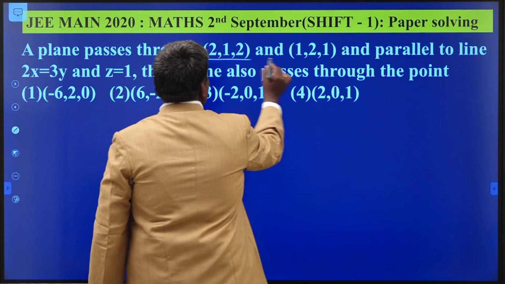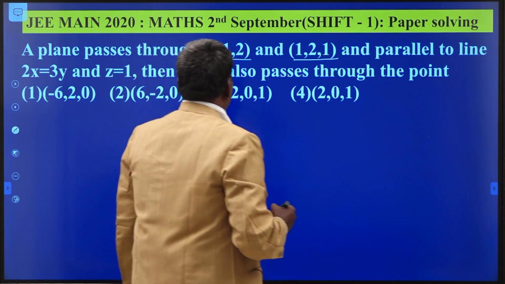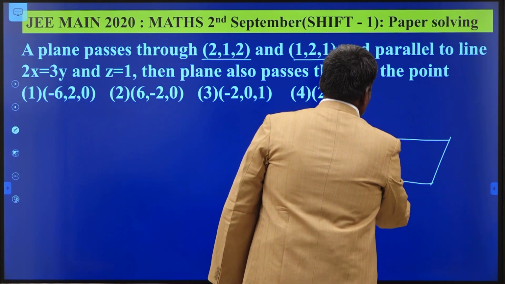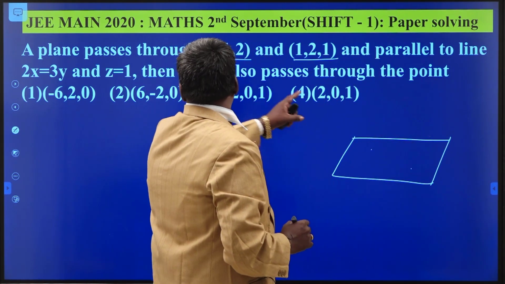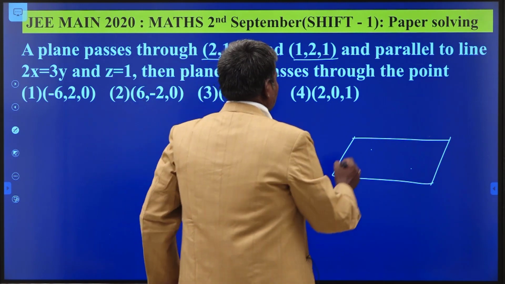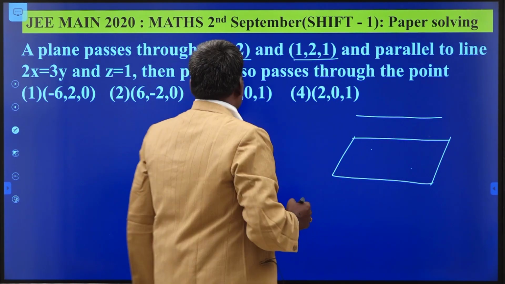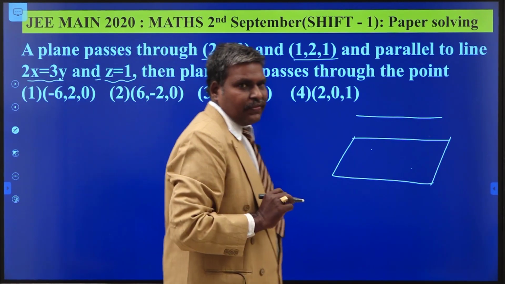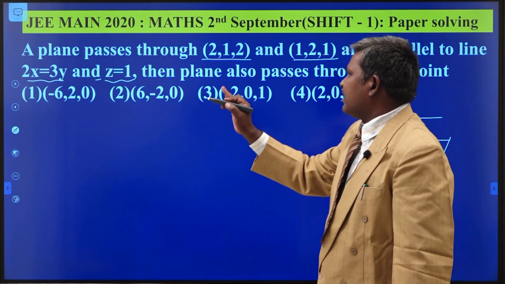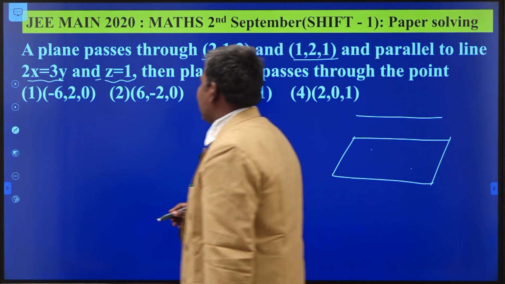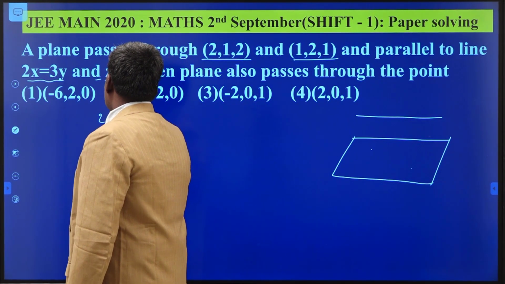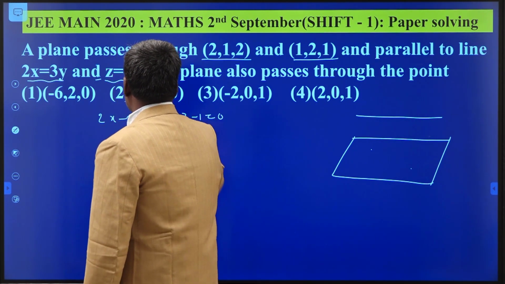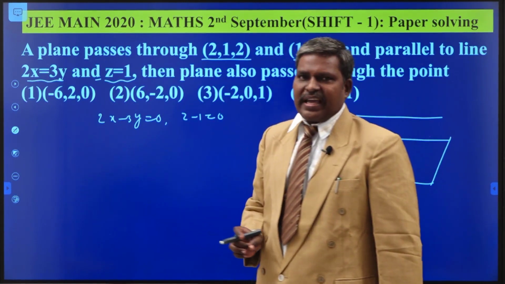The plane passes through these 2 points, 2, 1, 2 and 1, 2, 1, and is parallel to this line. The line is not given directly, it is given as the line of intersection of 2 planes. What are they? 2x minus 3y equal to 0 and z minus 1 equal to 0. Can I write the direction ratios of the line of intersection or not?